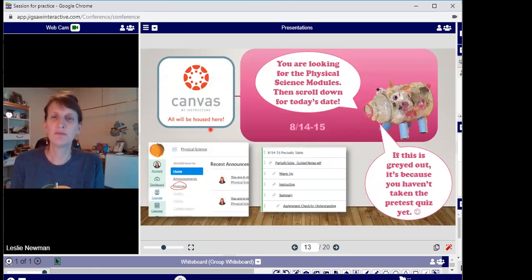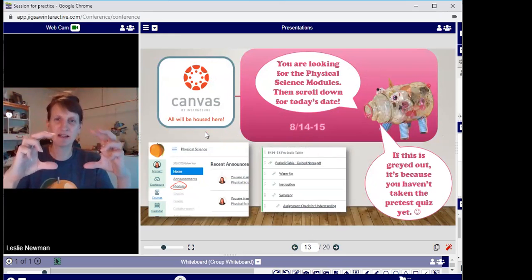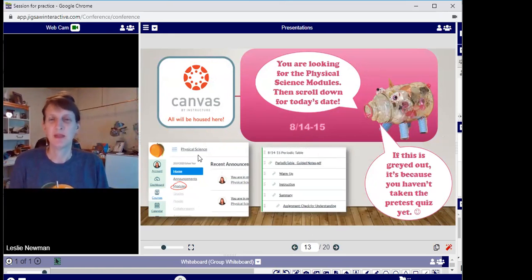The place where you will find your lesson, first you go to Canvas and you click on my course, which has a picture of Neil deGrasse Tyson, and he's kind of bobbling around, and then it says science. And then you click on modules on the left once you get to my course, and then you scroll down till you find today's date, or the 14th and the 15th date.